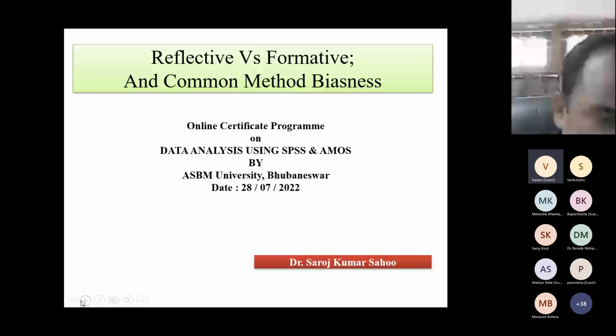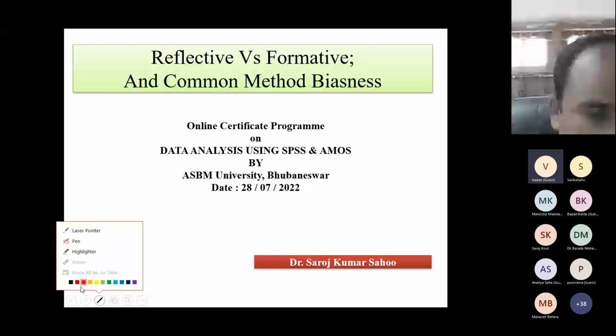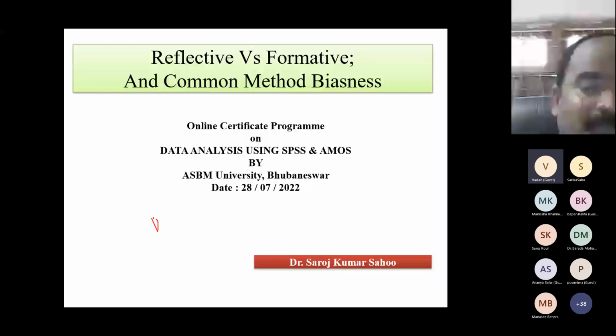You are measuring a construct by various attributes. Hence, you are saying that the construct is reflected through them. Please look here. The arrow mark is going towards the indicator from the construct. Indicators are squares or rectangles, and the constructs are ovals.